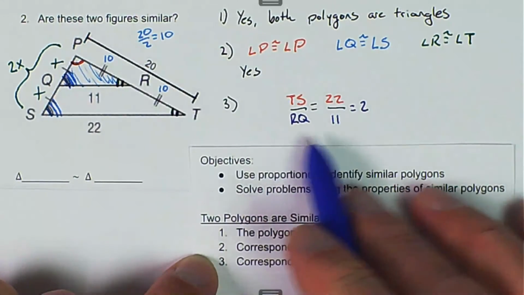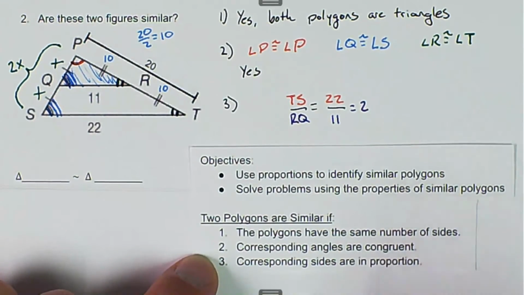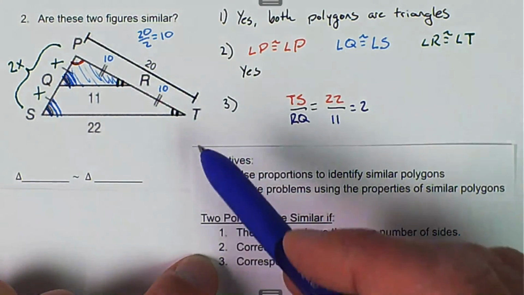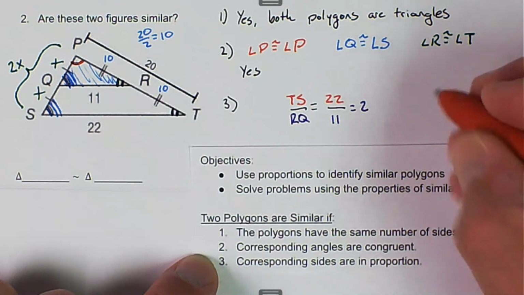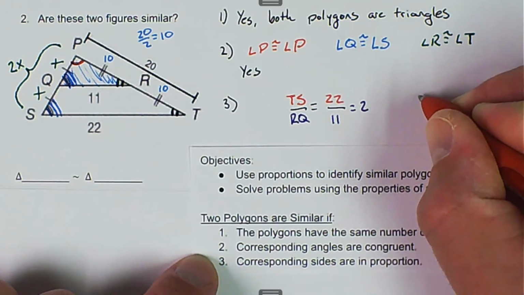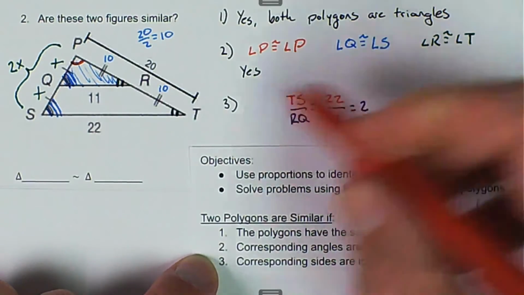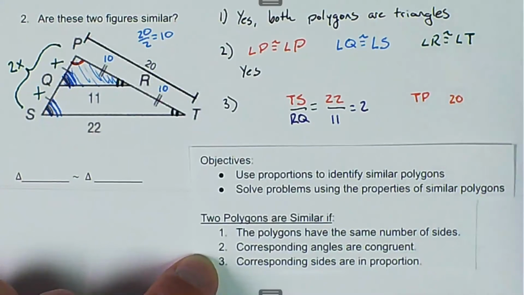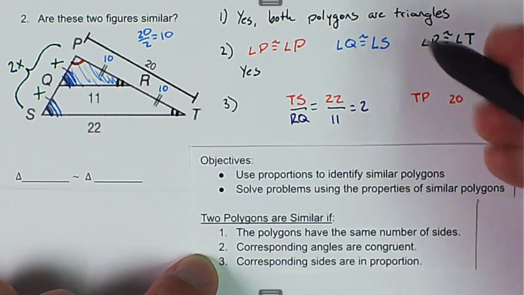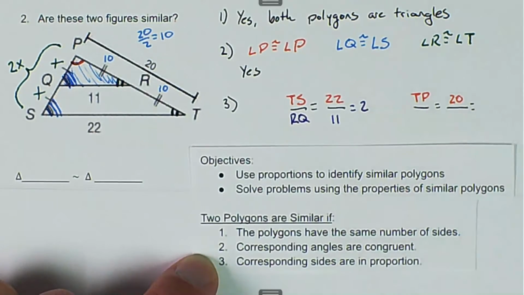So we want to make sure that all of our other ratios that we can come up with, the value is 2. So the next one we can look at is TP, and the value of TP is 20, as it's shown right there. And we're going to check that relationship.